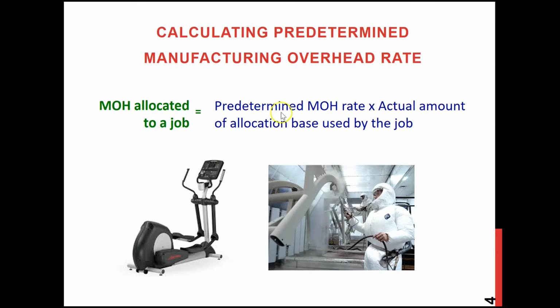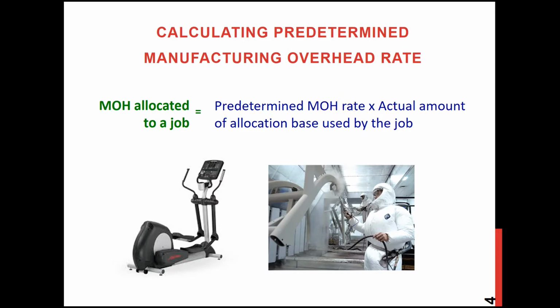When you multiply these two factors, your predetermined overhead rate and your actual amount of allocation base, you will find your manufacturing overhead cost, which is assigned or allocated, right? So you are assuming or allocating one amount of cost for a specific job, using the actual allocation base and the predetermined overhead rate.